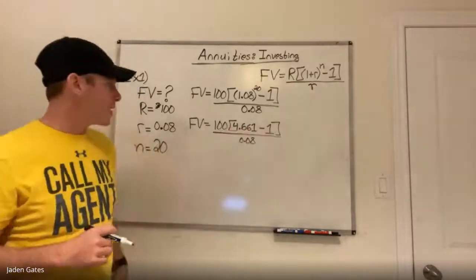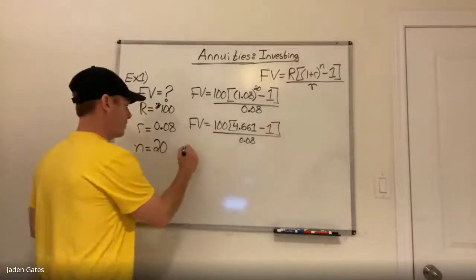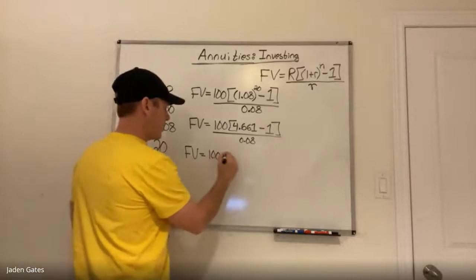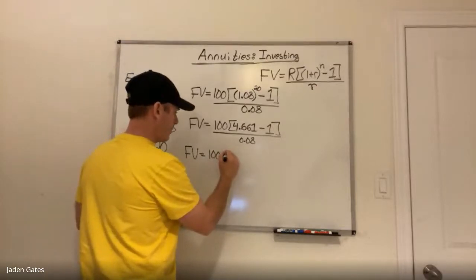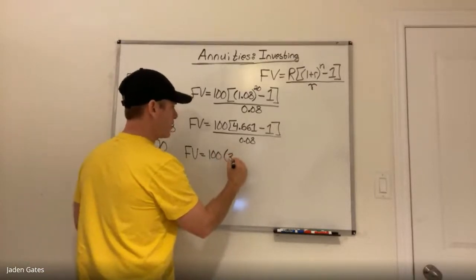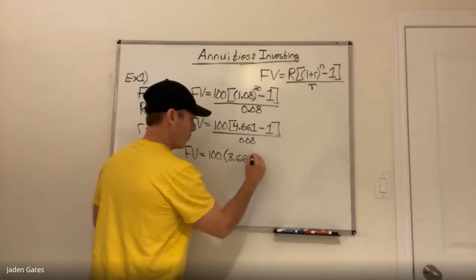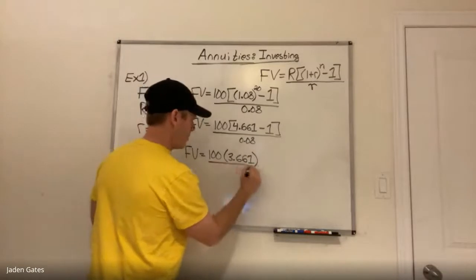All right, now again, continuing on with BEDMAS, I'm going to subtract here in the square brackets. Future value, 100 in the brackets. Well, it doesn't have to be square brackets now. Well, 4.661 minus 1 is 3.661, divided by 0.08.